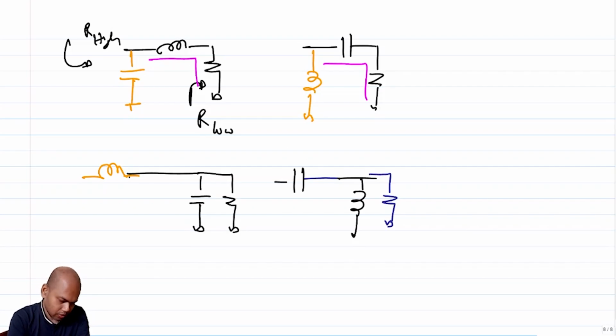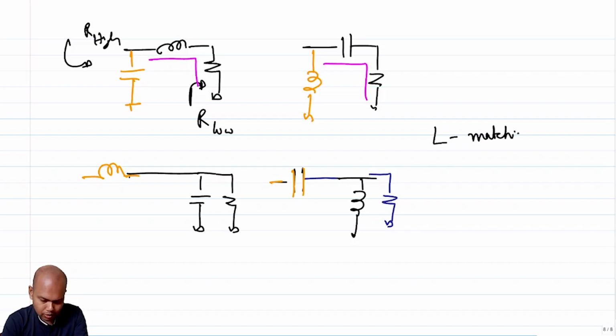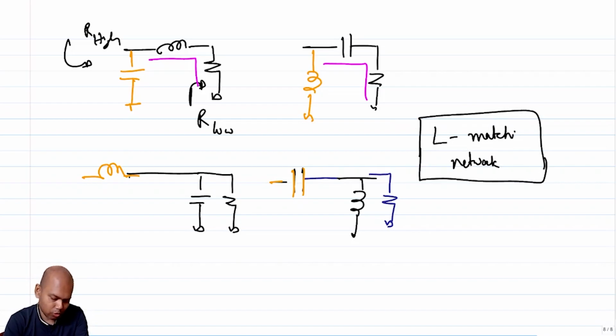These type of matching networks are called L type matching network, or L match, simply called L match. This is L match network, because these kind of look like an L, right?